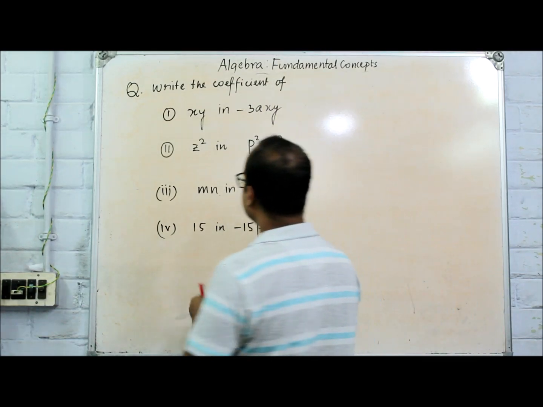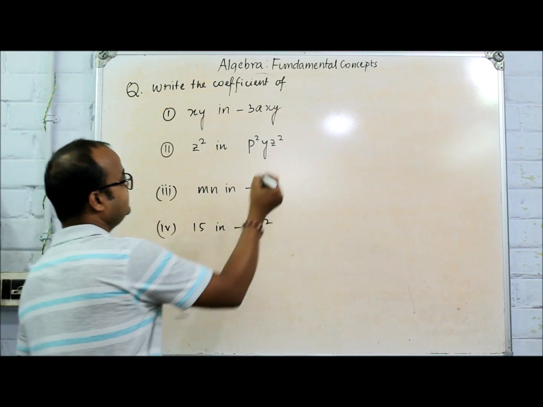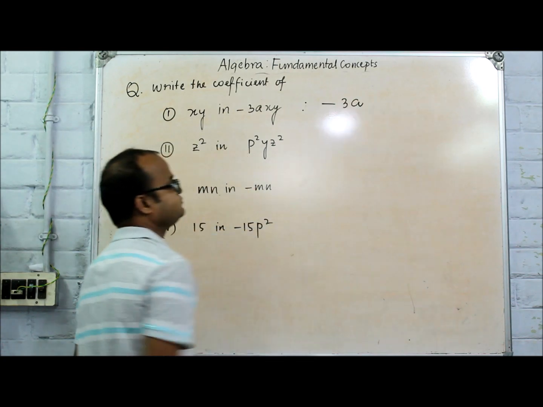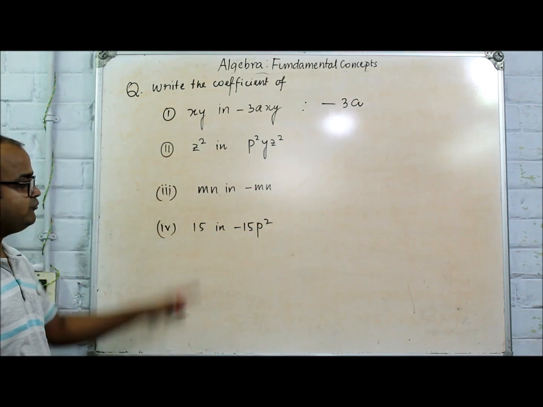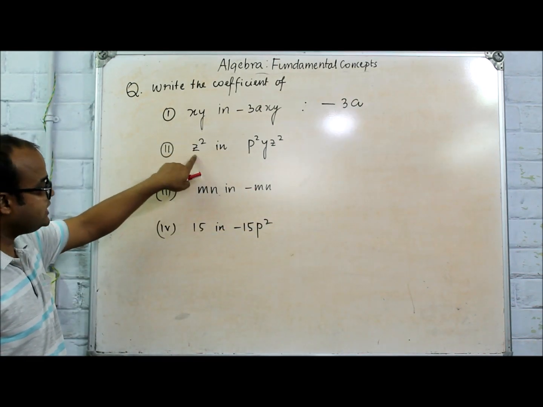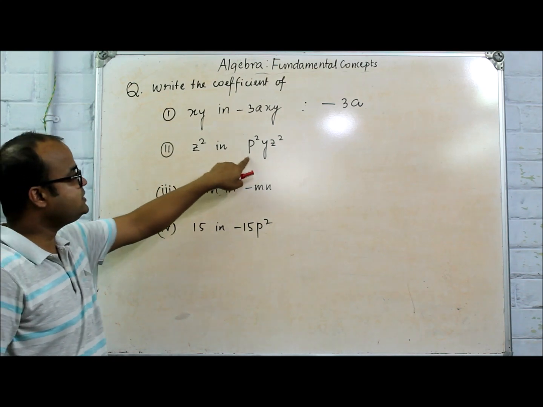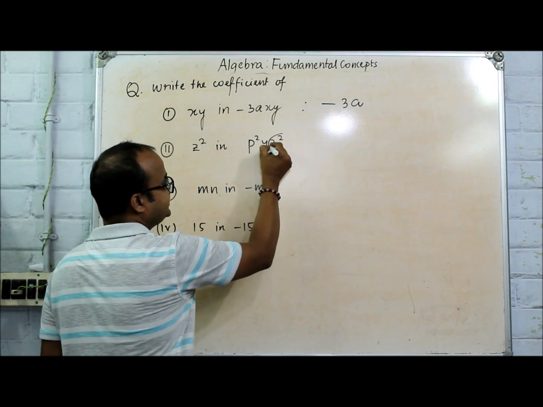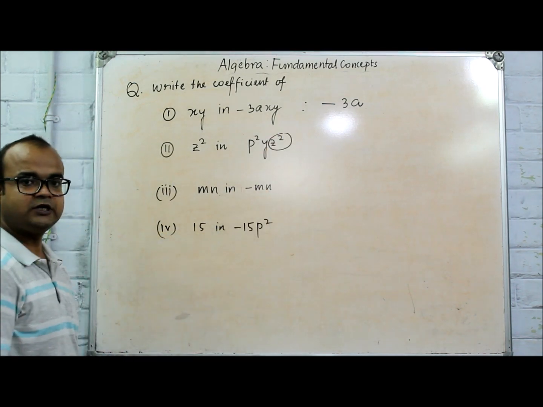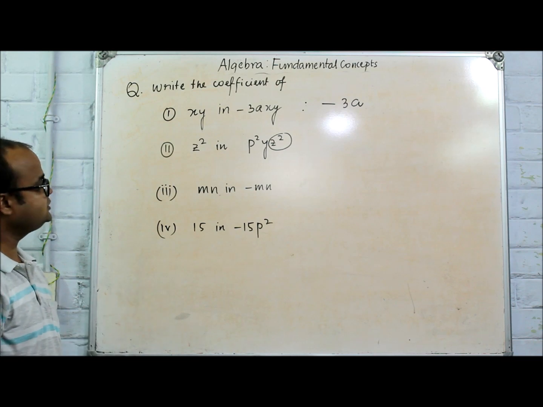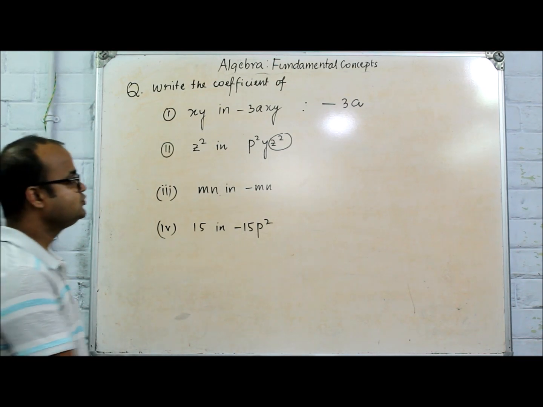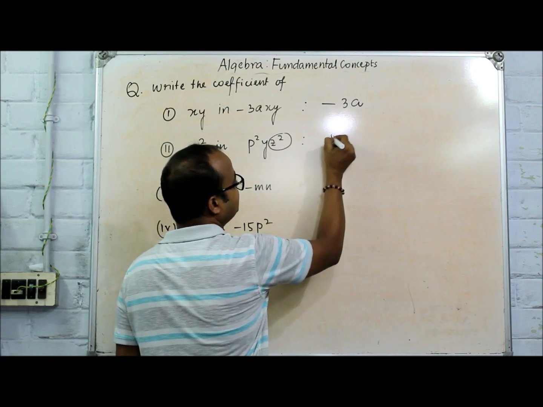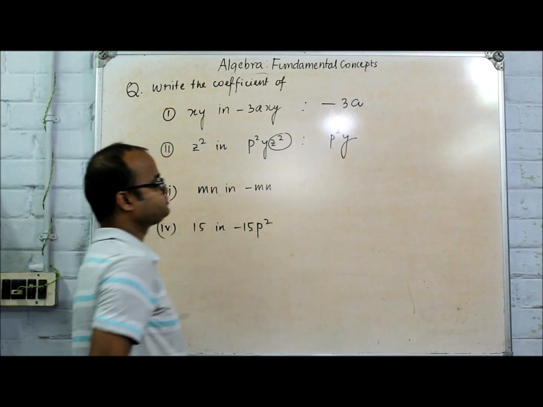So the coefficient of xy in minus 3xy is minus 3a. Same way, coefficient of z square in p square yz square. If I hide this z square, what is the term left here? P square y. So the coefficient of z square in p square yz square is p square y.